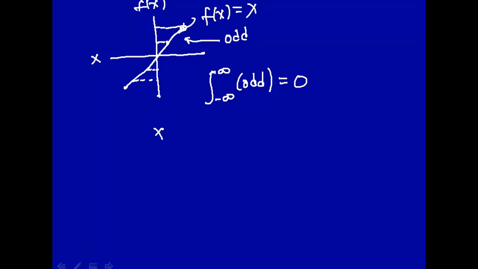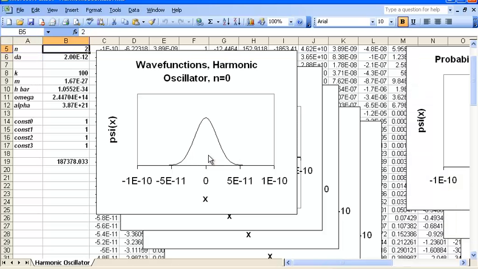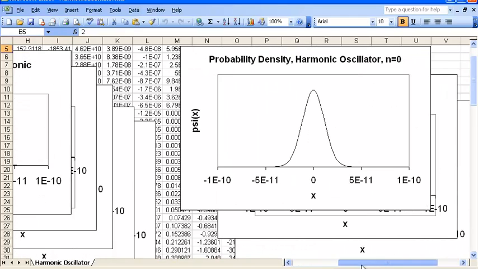Now, so for the Hermite polynomial n equal 2, we expect the expectation value to be 0. In other words, the position of the particle should be right in the middle. All right, so let's see if that makes sense. Let's go to a spreadsheet where we looked at various probability density functions.